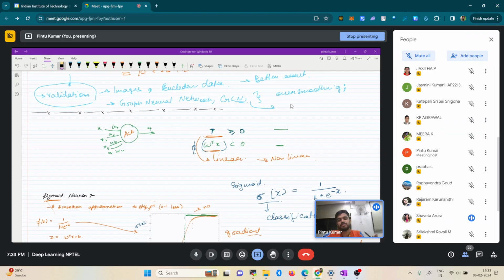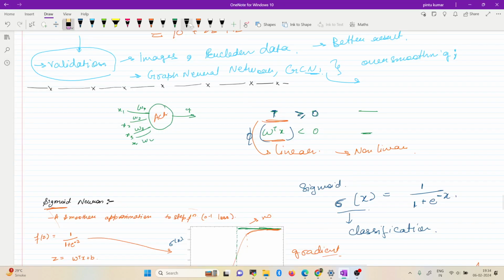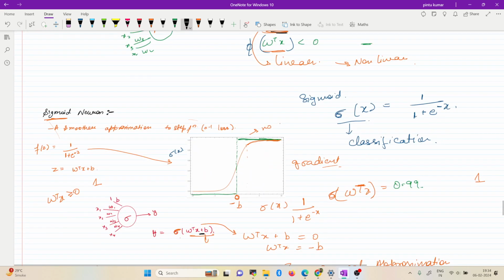But loosely speaking, this is also a perceptron, even if we don't have any hidden layer. We can call it a perceptron model with sigmoid activation.